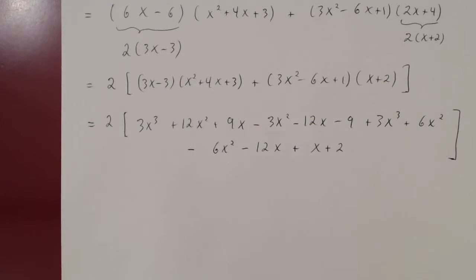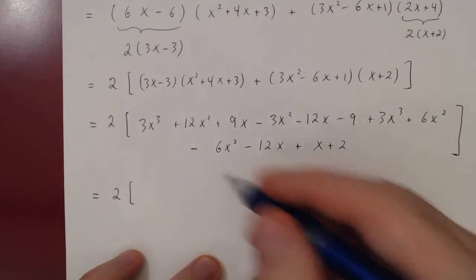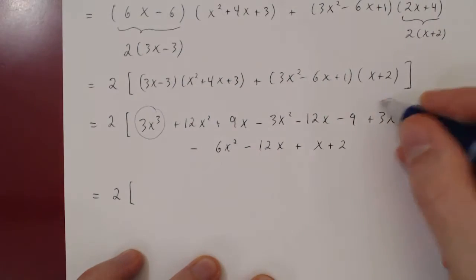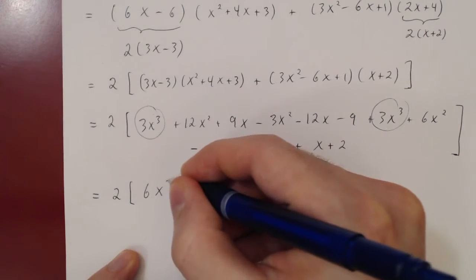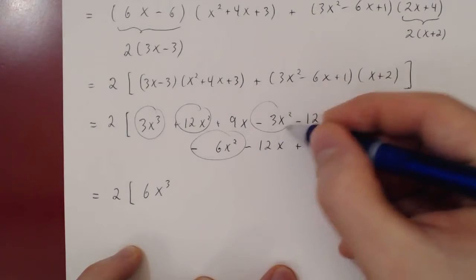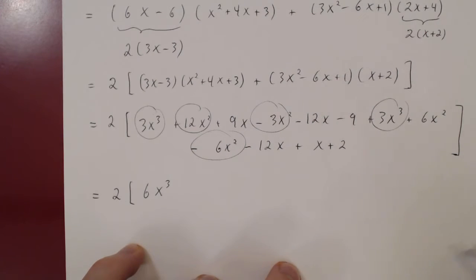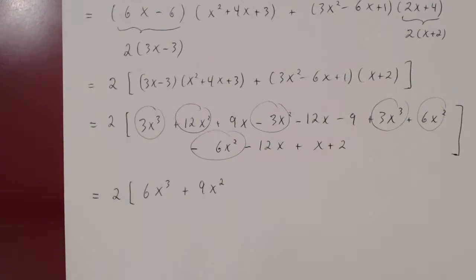Let's regroup powers of x cubed, x squared, x, and the constant terms. So we have 2 times, well, the x cubed, 3x cubed plus 3x cubed. That gives us 6x cubed. The x squared terms, 12x squared minus 6x squared is 6x squared, minus 3x squared is 3x squared, plus 6x squared, plus 9x squared.